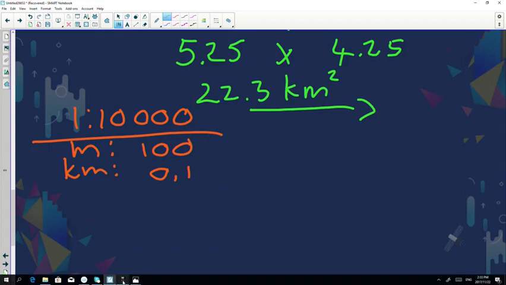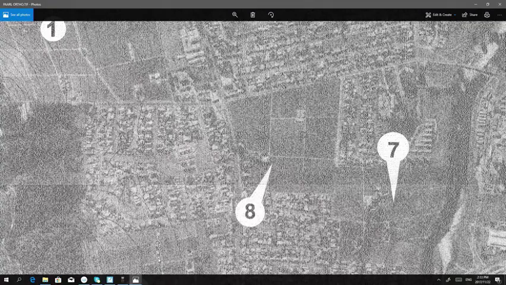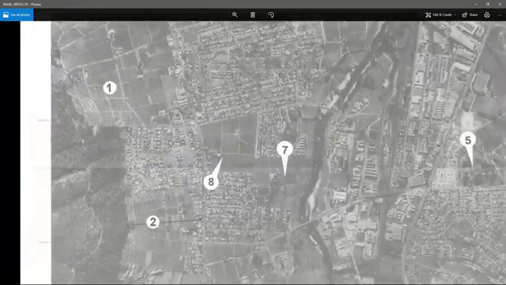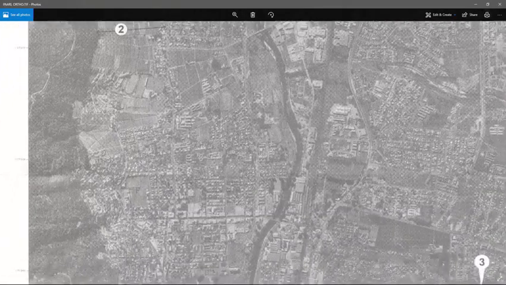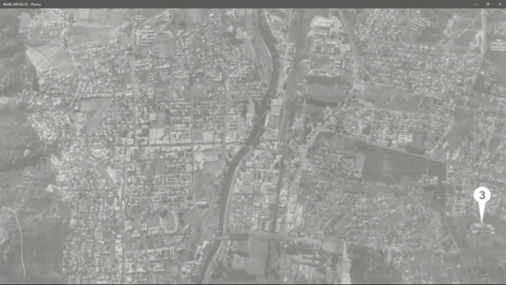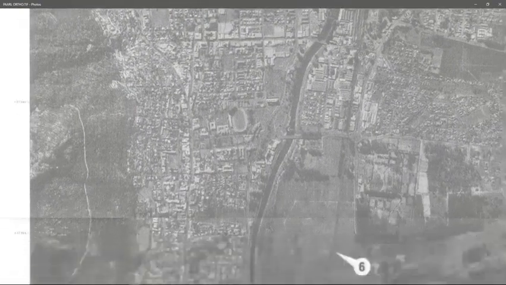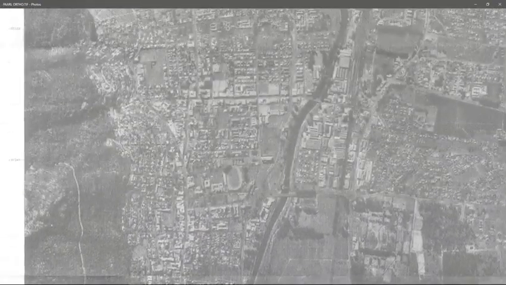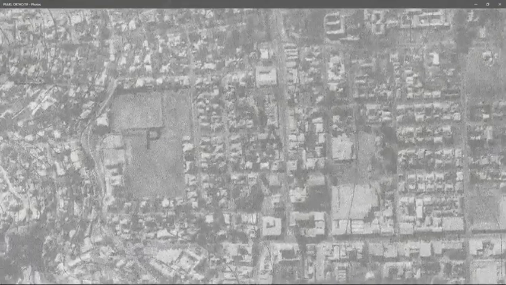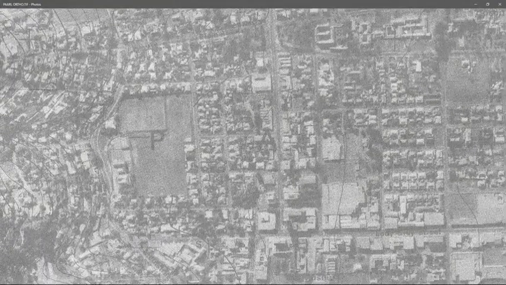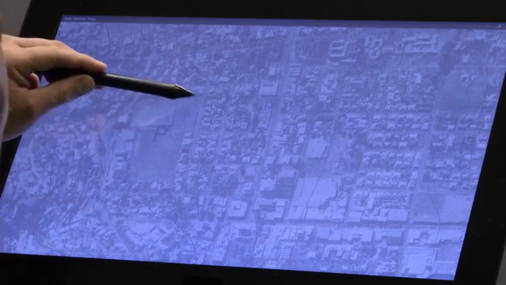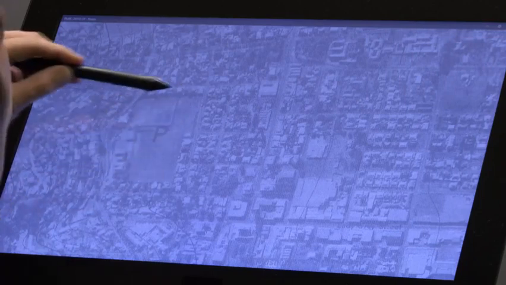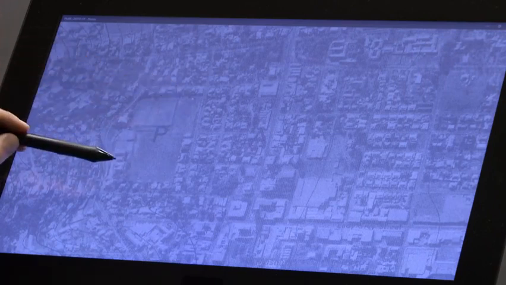Now let's quickly have a look at our orthophoto. For instance, this area there. Let's just zoom in over here. If you can see this area P situated over there, there's quite a square shape area situated on the orthophoto.